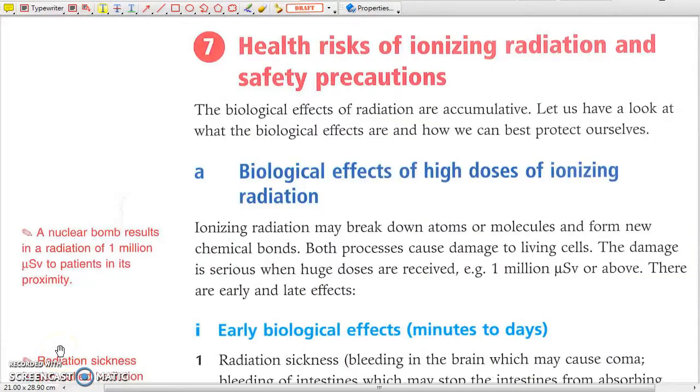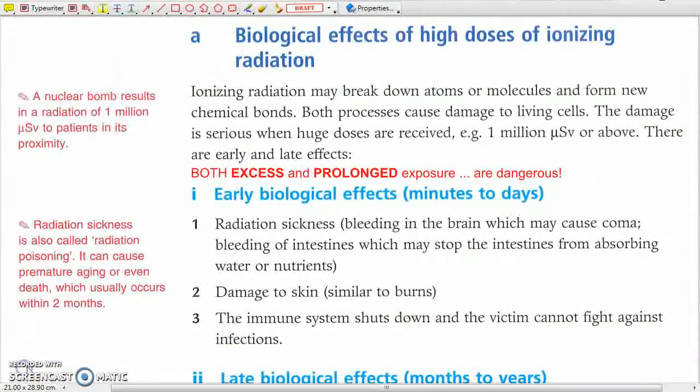7. Health risks of ionizing radiation and safety precautions. A. Biological effects of high doses of ionizing radiation. Both excess or prolonged exposure to radiation produce serious damage to living cells, as ionizing radiation may break down molecules and initiate chemical changes inside a living cell. 1.